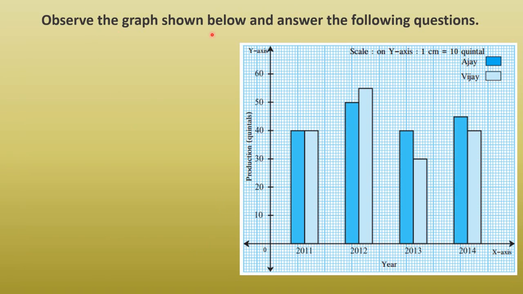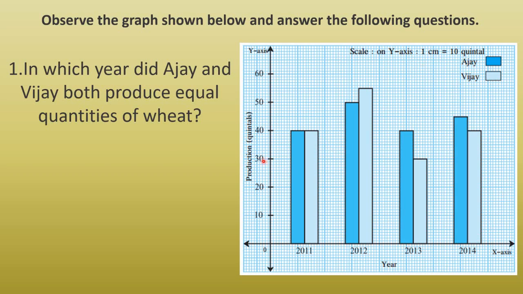Observe the graph shown below and answer the following questions. Here you can see Ajay and Vijay's wheat production joint bar graph. You have to observe this graph and answer the following questions. The first question is, in which year did Ajay and Vijay both produce equal quantities of wheat?